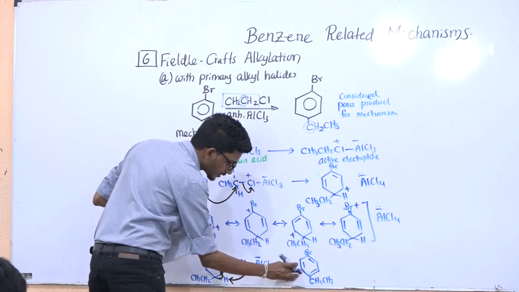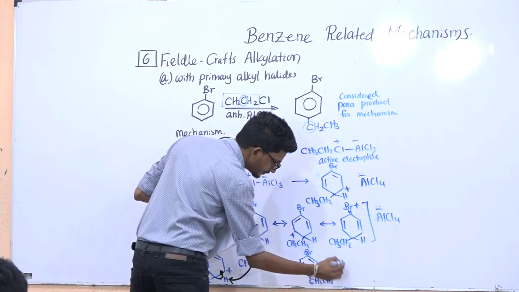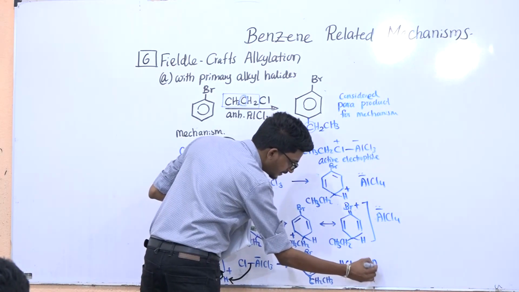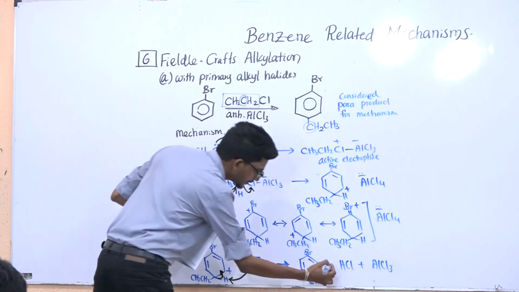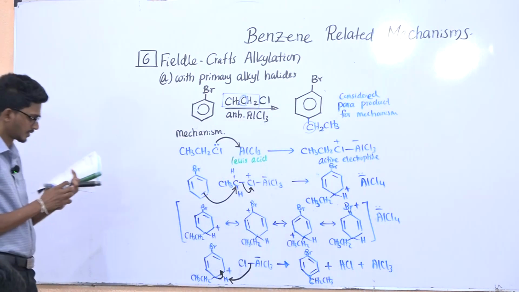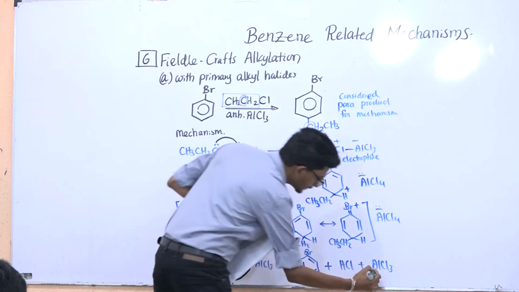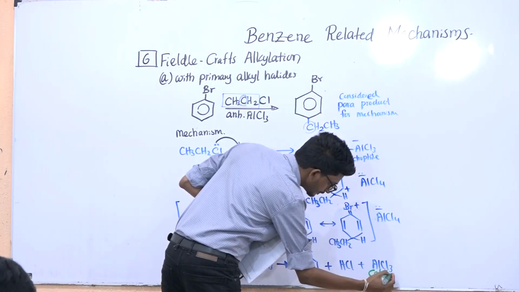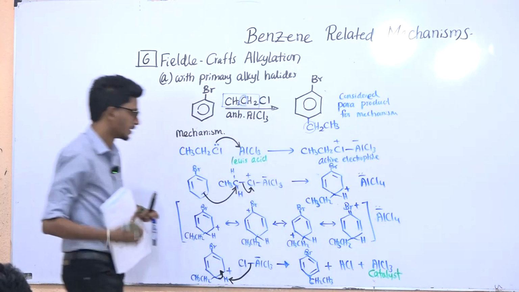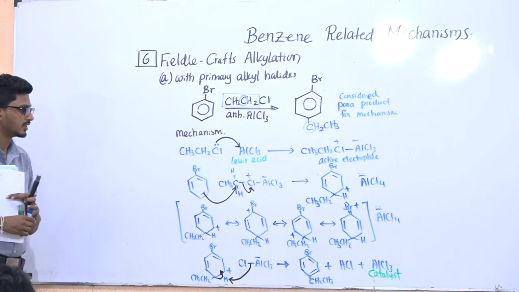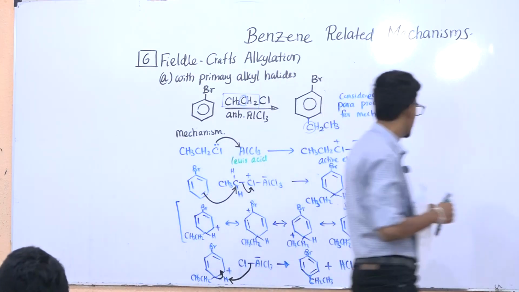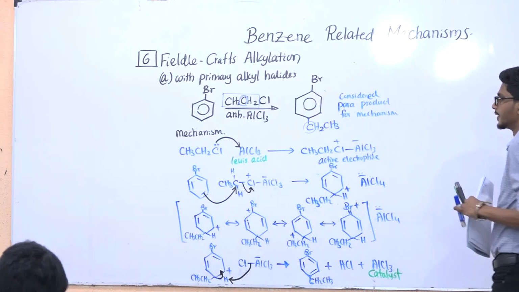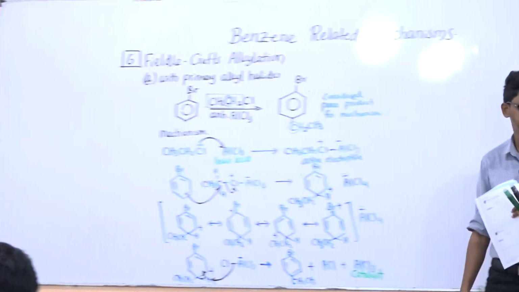Right, and HCl, and the AlCl3 catalyst is regenerated. Right now, that's the story. Just complete the stuff: that is the alkylation with the use of a primary alkyl halide.